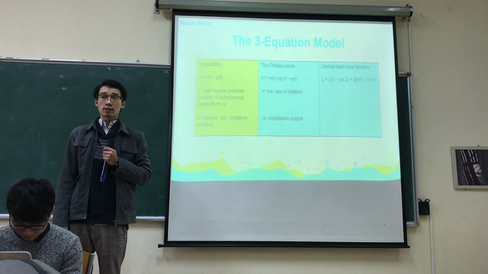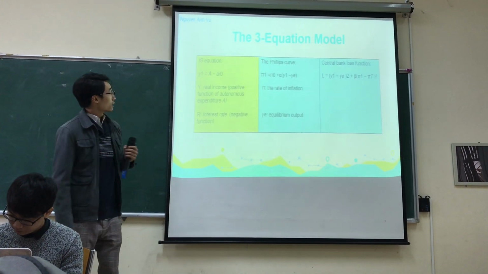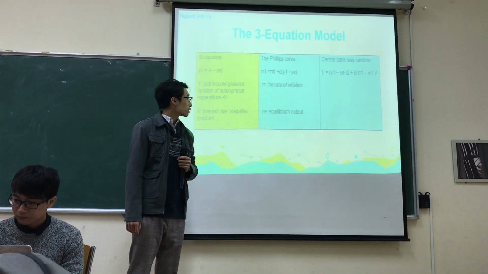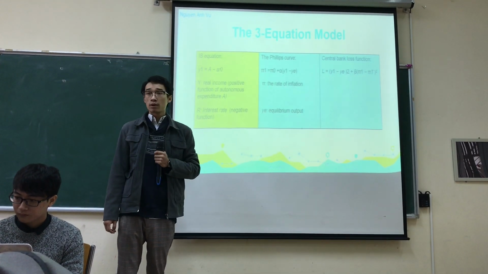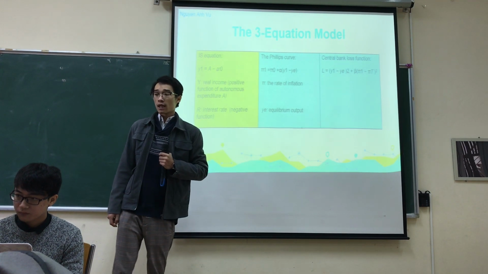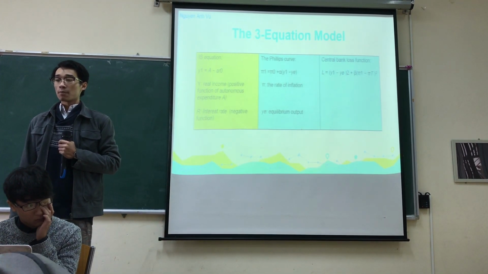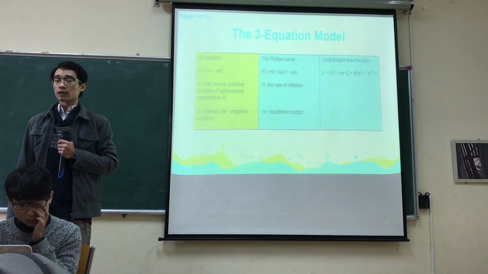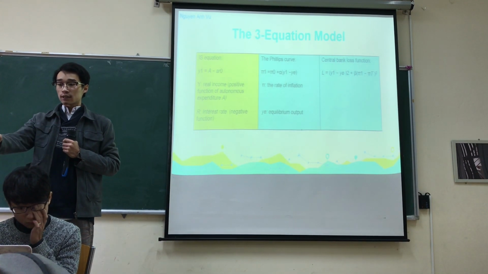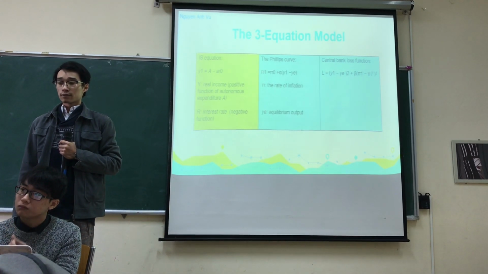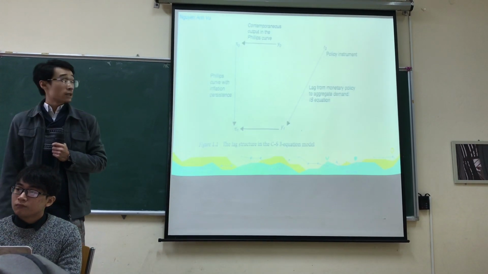And second is the Phillips curve. In this equation, we can see that pi is the rate of inflation and y_e is equilibrium output. With the IS equation and the Phillips curve, we combine to get the central bank loss function. As you can see, this is the combination of the IS equation and the Phillips curve.